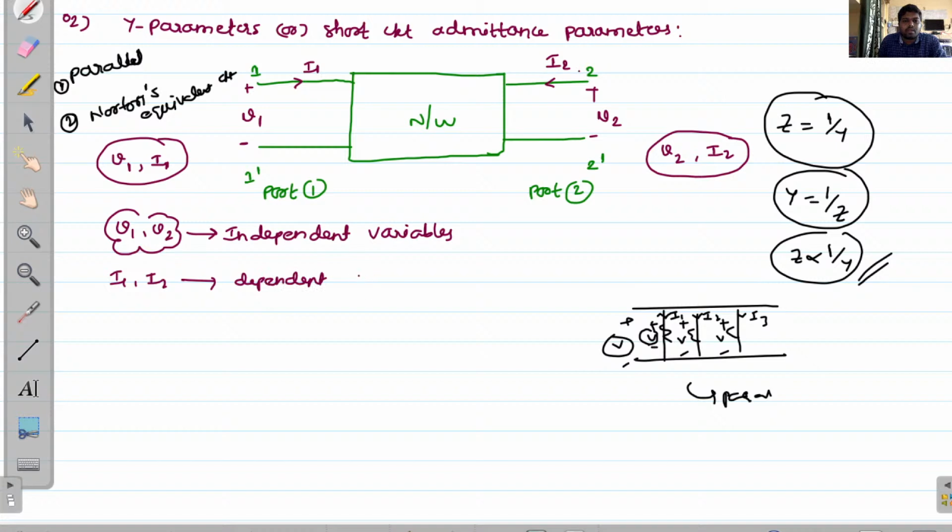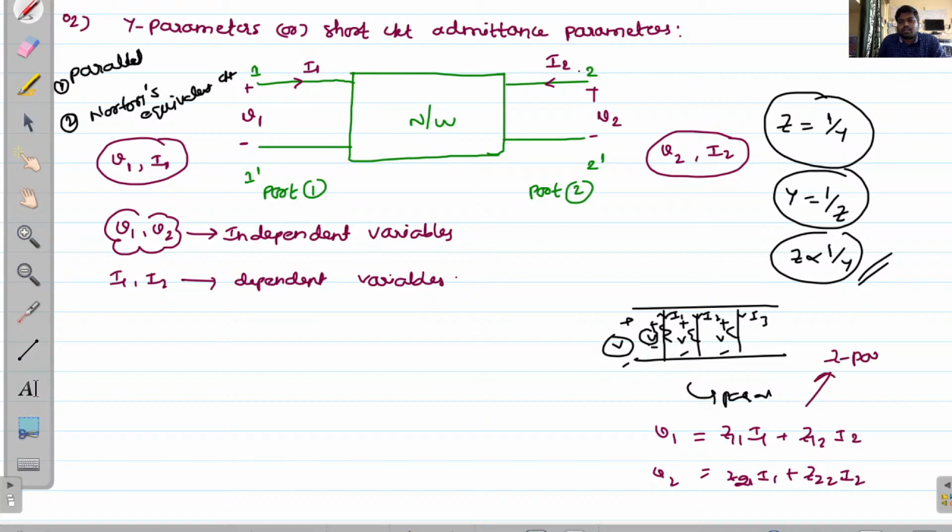So now the equations involved in Y parameters, right? In the previous case, the LHS had voltage variables: V1 equals Z11 into I1 plus Z12 into I2, and V2 equals Z21 into I1 plus Z22 into I2. These are the equations for Z parameters, right? I already told you it is exactly the inverse of Y parameters.